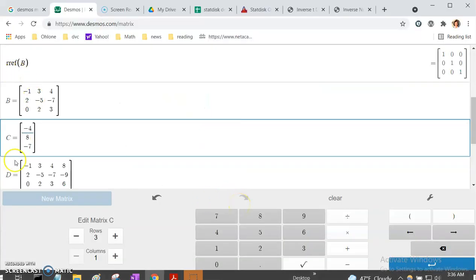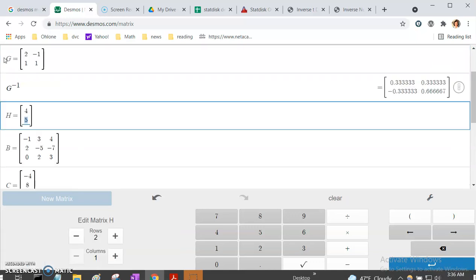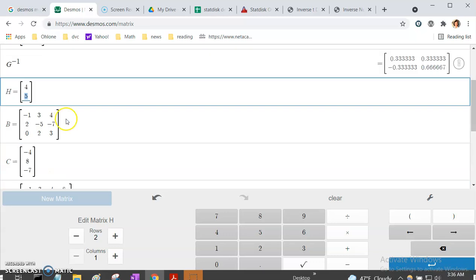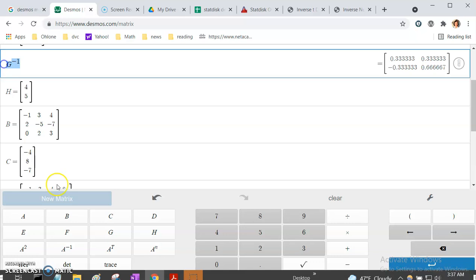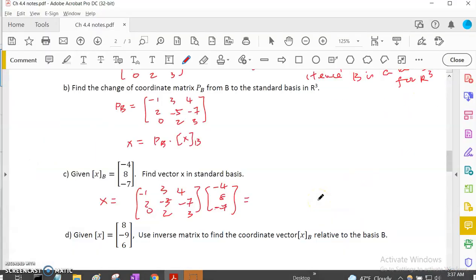So it would be B multiply C. It becomes 0, 1, -5.